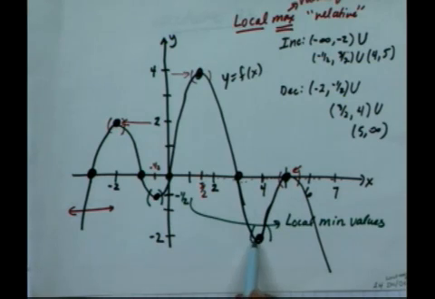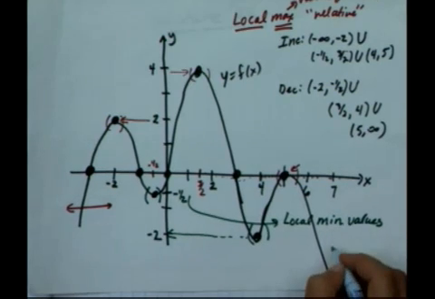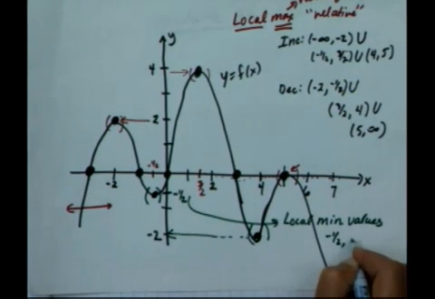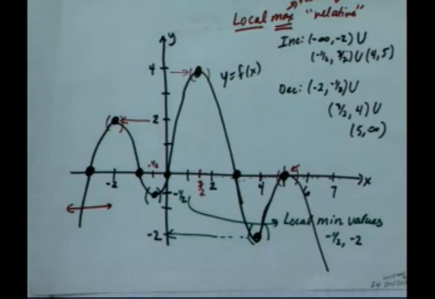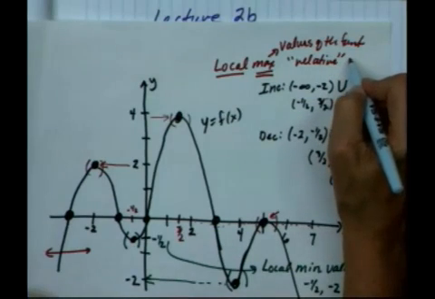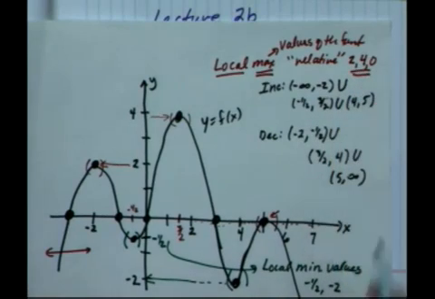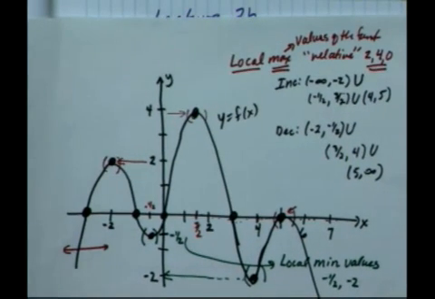And what else? Negative 2. So our local minimum values are negative 1/2 and negative 2. And I didn't record the local maxes. The local max values are 2, 4, and 0. Everybody got it?